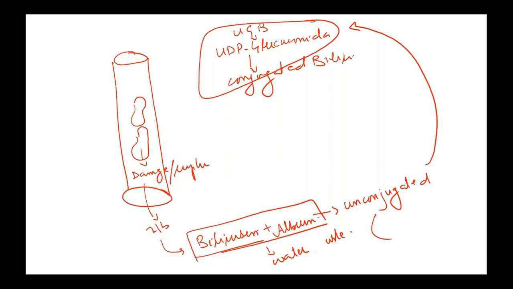So conjugated bilirubin will be excreted into the biliary tree, bile duct, and then go to the intestine.